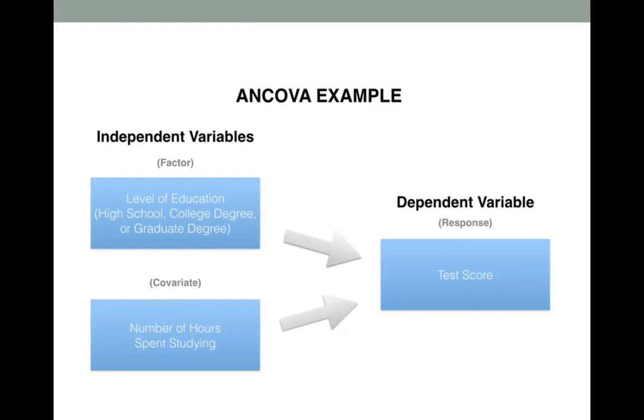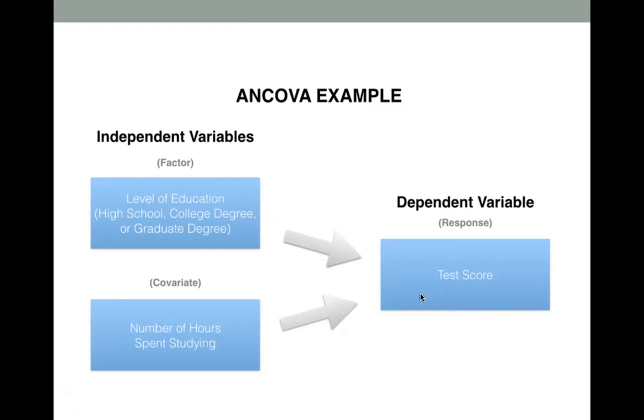Perhaps one could say that a graduate might score more because of level of education. So what it says here is, before you administer the treatment on the high school or graduate, administer these exams to collect the test score, you might need to check the number of hours.